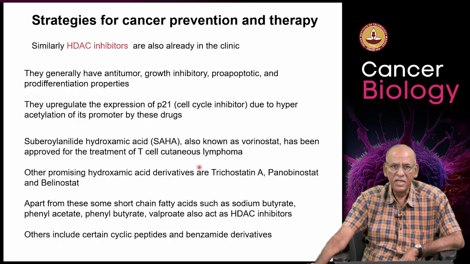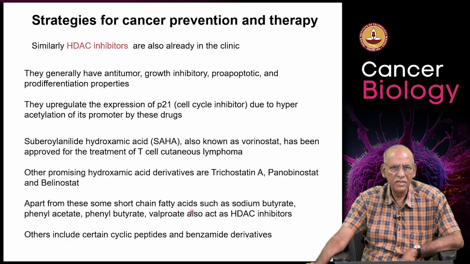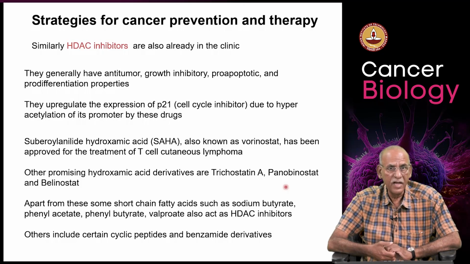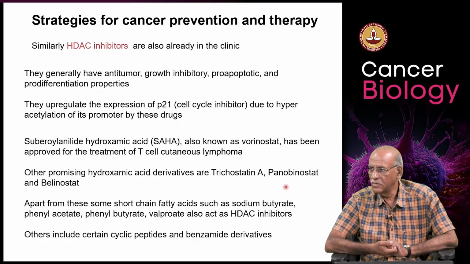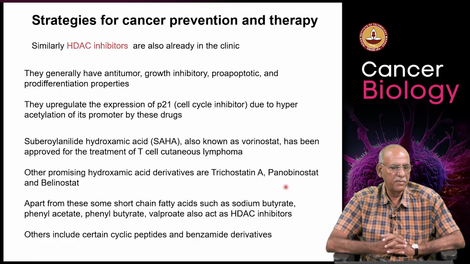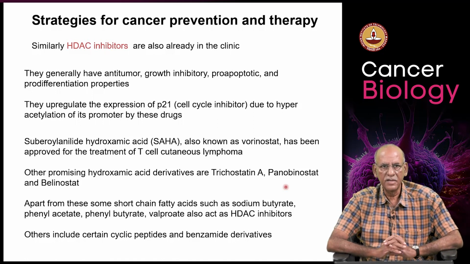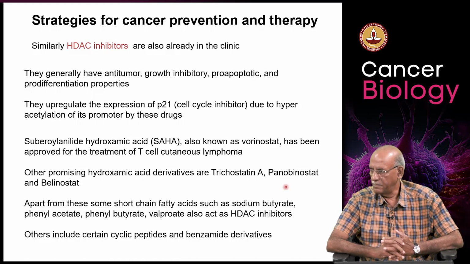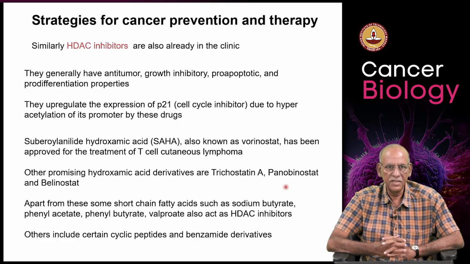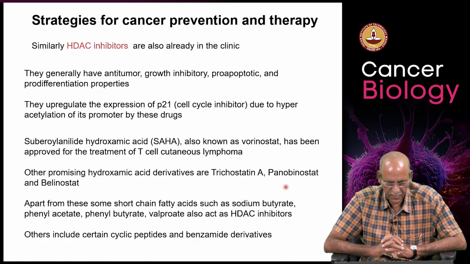Apart from these, some small chemicals like sodium butyrate, a short chain fatty acid, phenylacetate, phenylbutyrate, valproate, can also act as HDAC inhibitors. But the major HDAC inhibitor, or the first HDAC inhibitor discovered, was SAHA, suberoylanilide hydroxamic acid. So, that is very important to remember.